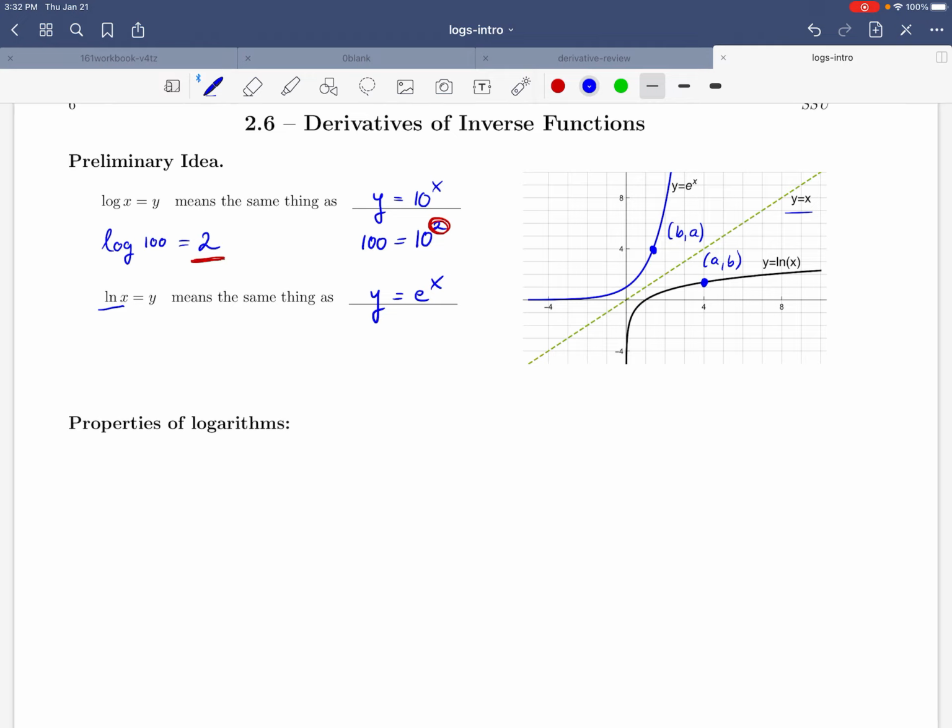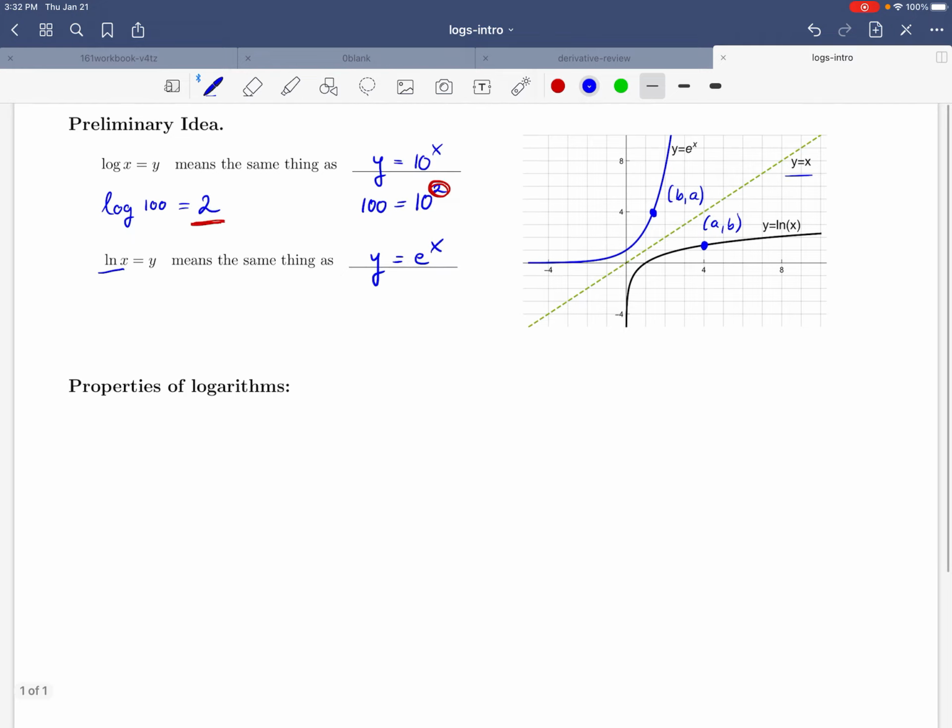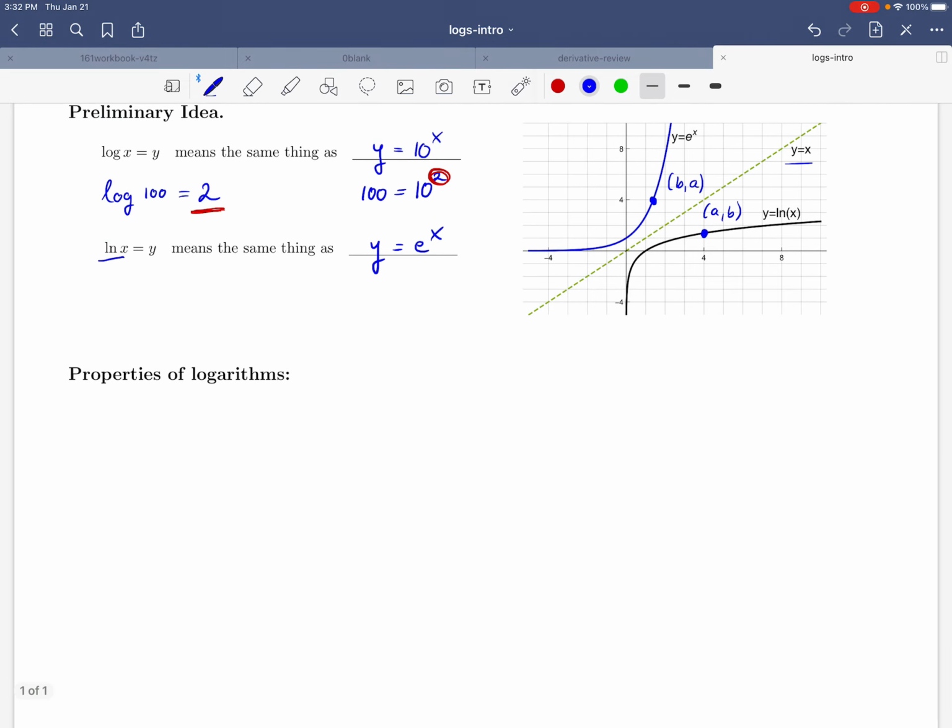Now, because they are inverses of each other, there are lots of properties for logarithms that we might already be familiar with, but I want to write those down again. One thing, because they are inverses of each other, if you take the ln of x and then you raise e to the ln of x, you undo whatever the ln did.